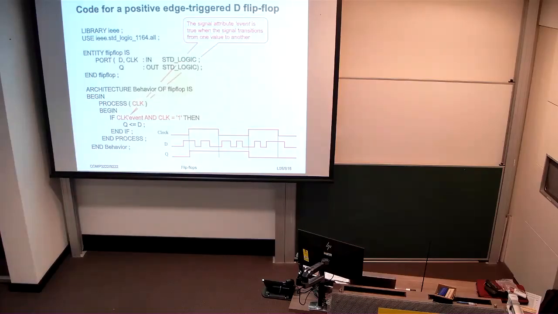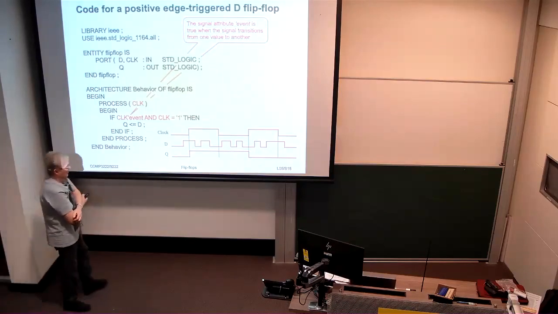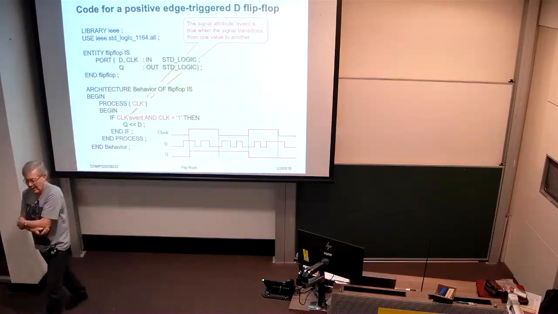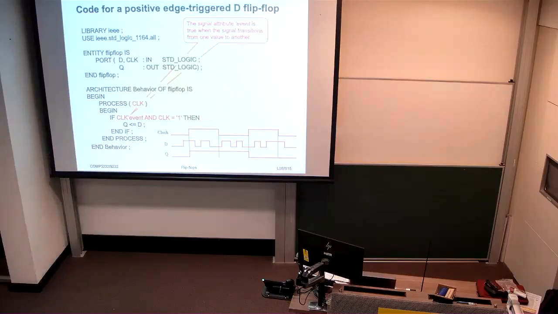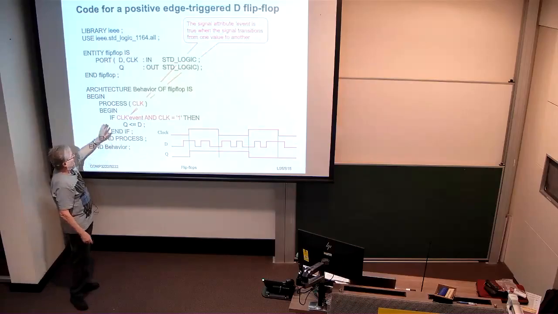I'm trying to think of another example where it would go, and none comes to mind right now. Believe me, we do need to have the clock tick event there. I'll try to remember what it is and explain it to you. Okay.